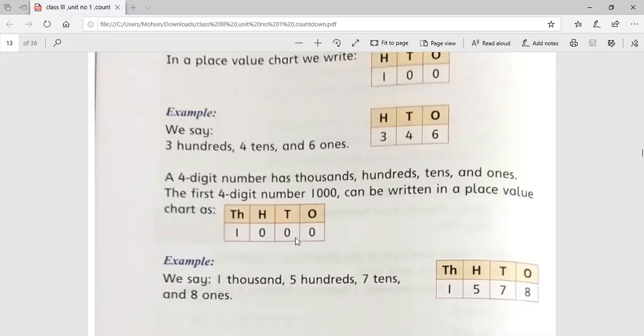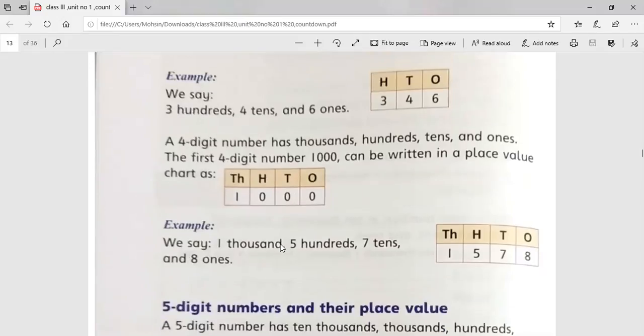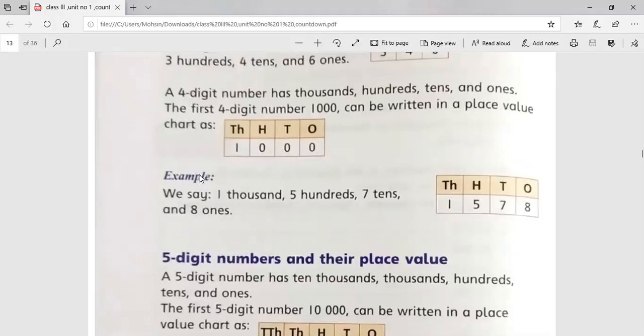In a thousand, how many digits do we have? 1, 2, 3, 4. And how many zeros? 1, 2, and 3.